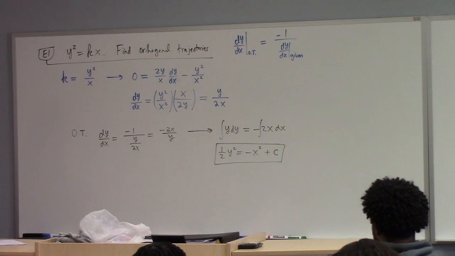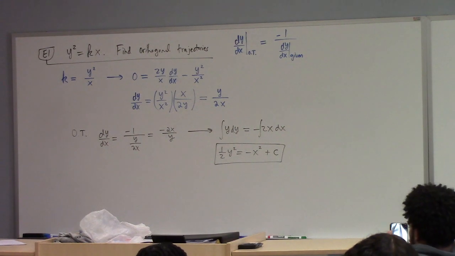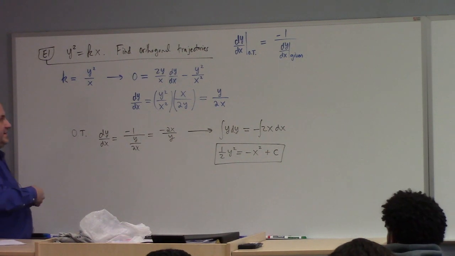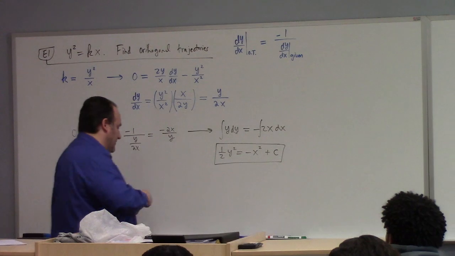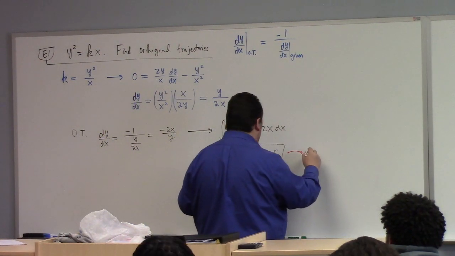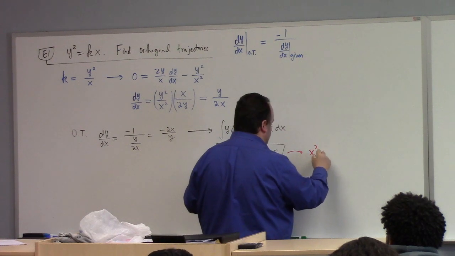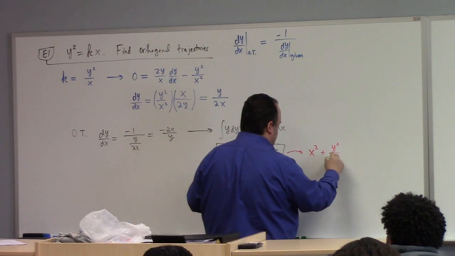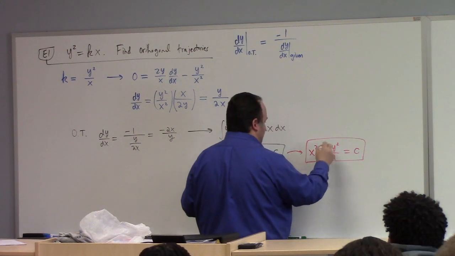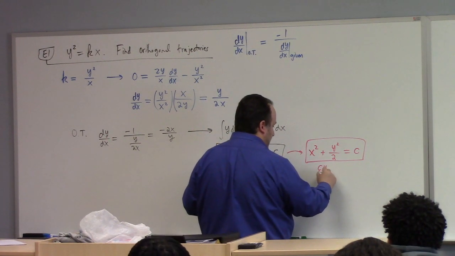So, any questions? Yeah. Did you put it in the explicit form? Well, I didn't ask for that. Maybe an improvement might be this: it's the same as x squared plus y squared over 2 equals a constant. If I put it like that, that's kind of better, because then you can see that the solutions are what?